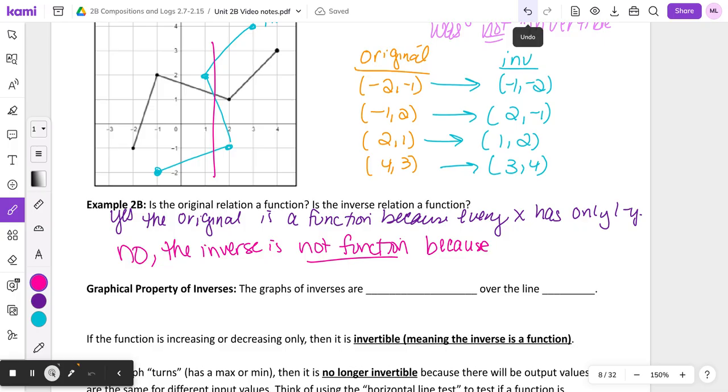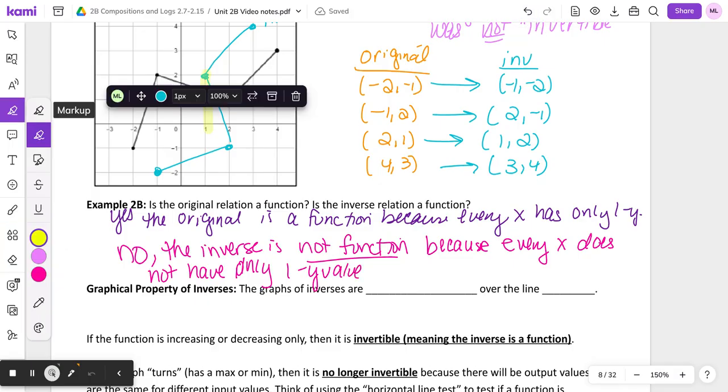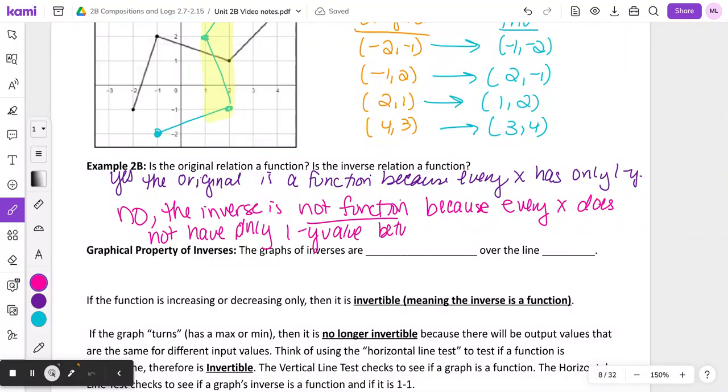We're in pre-calc AP, but we can say because every x does not have only one y value. And it's nice to give an example of where, anywhere between 1 and 2. Let me highlight it. Anywhere in here, we actually have multiple y values for given x's, between 1 and 2.